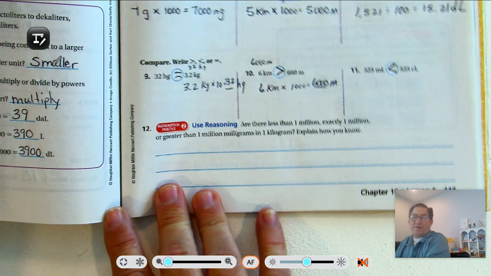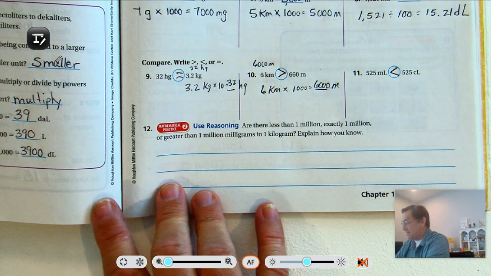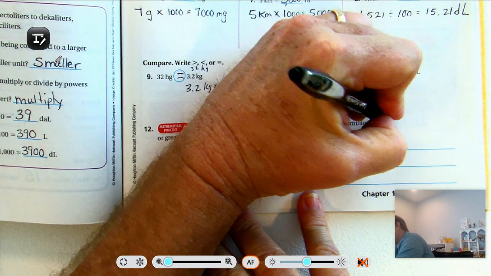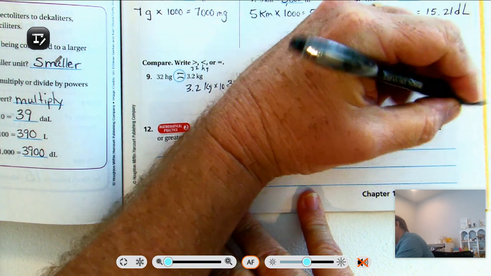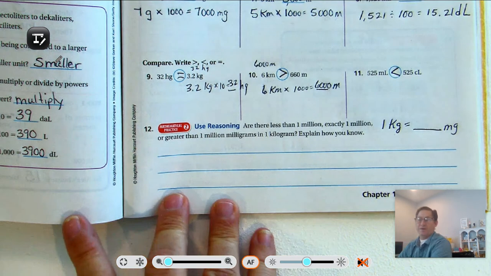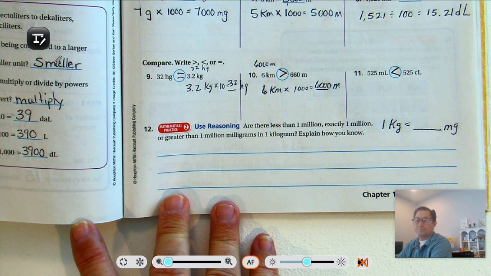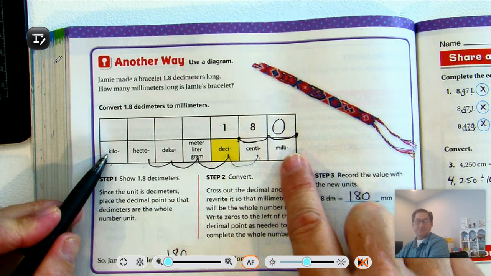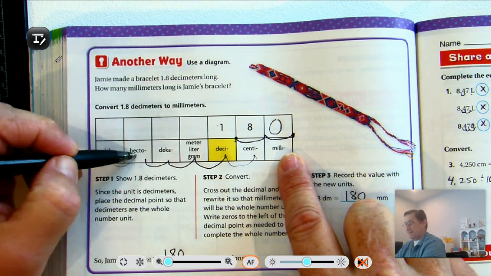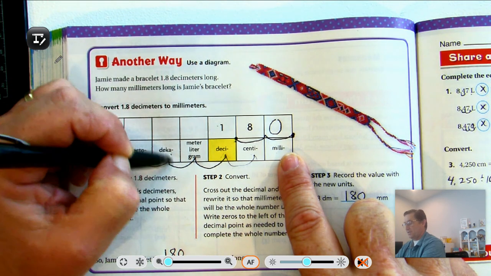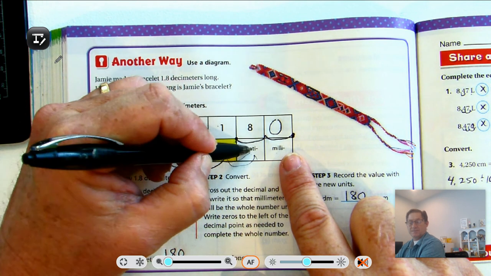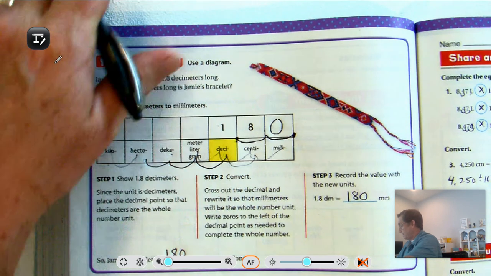Number 12. Are there less than a million, exactly a million, or greater than 1 million milligrams in 1 kilogram? Explain how you know. All right, so they're basically asking us, 1 kilogram is how many milligrams? Let's see how many powers of 10 that is to go from kilograms to milligrams. 10, 100, 1,000, 10,000, 100,000, 1 million.